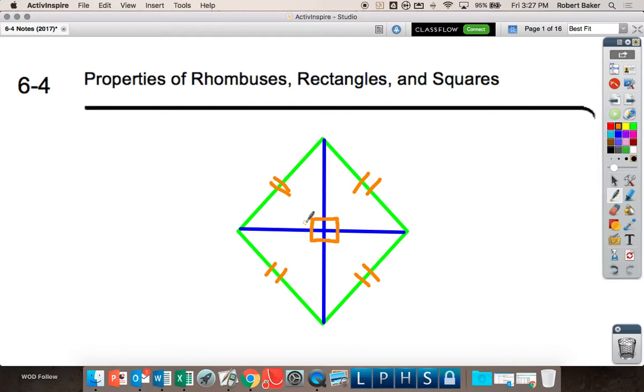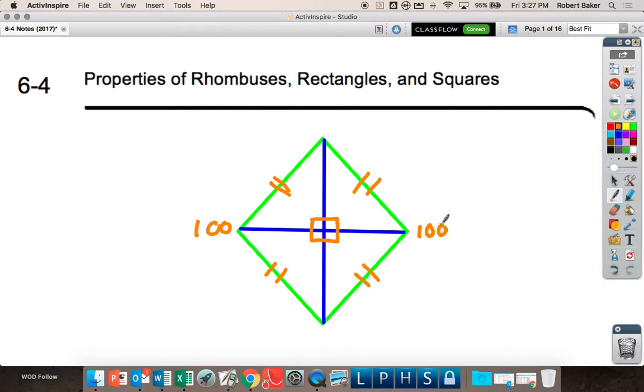So let's make this a parallelogram. Let's say that this one is 100 degrees. Now, based on parallelogram math, if this angle is 100 degrees, how big is this one? 100. Remember we did that yesterday and Wednesday? If this angle is 100 degrees, how big is this one? 80.